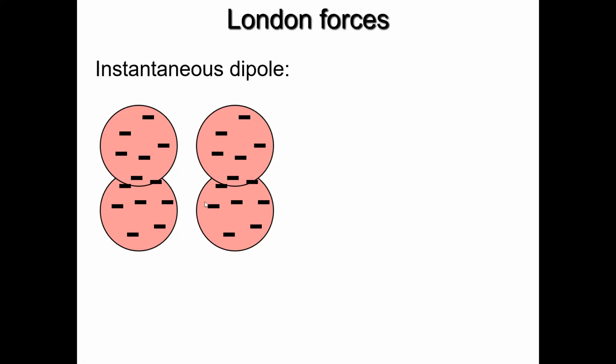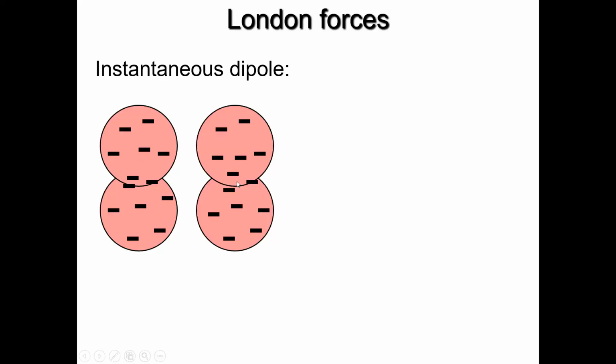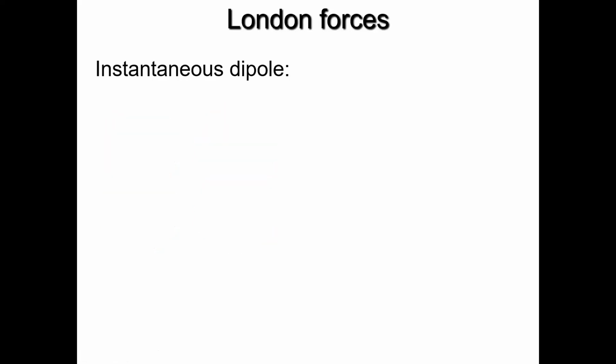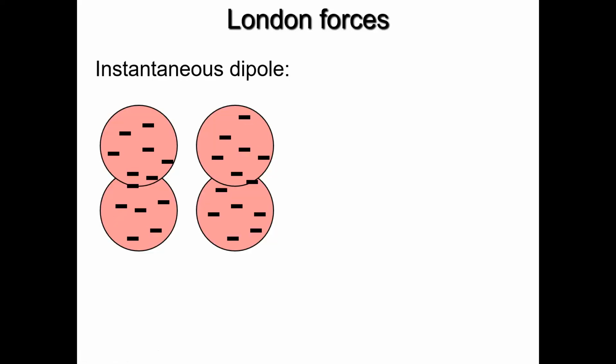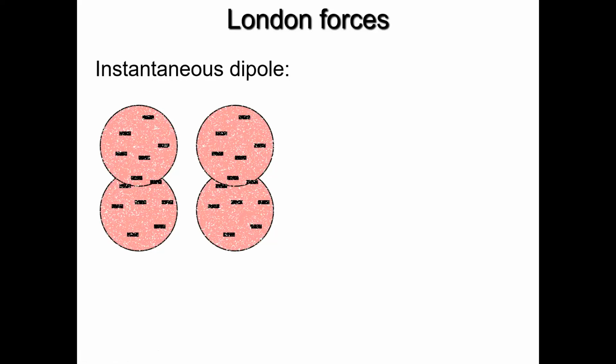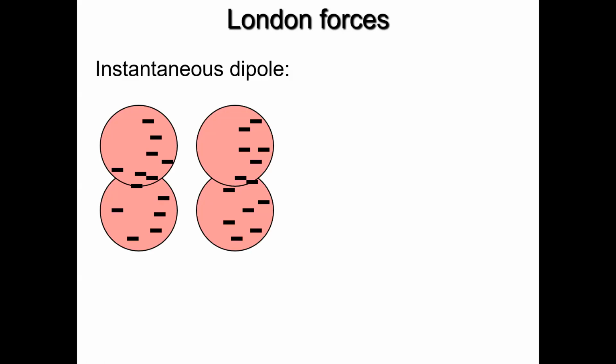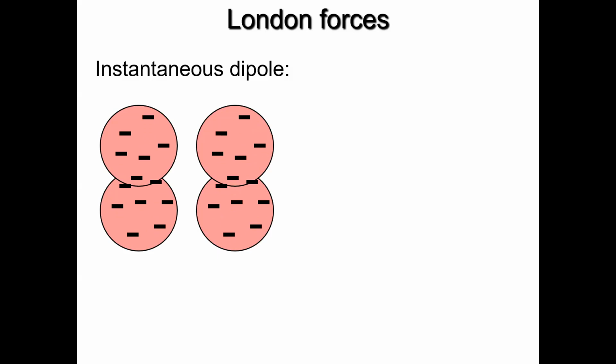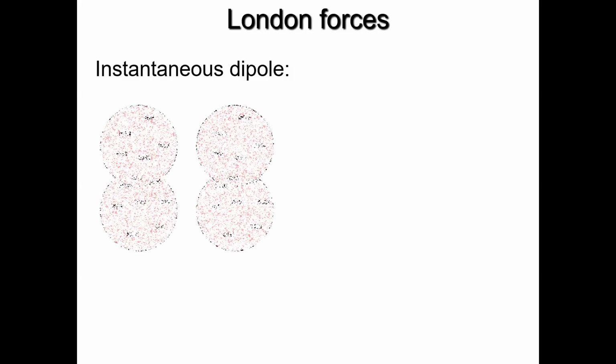So at some point, when these individual molecules are placed near one another, when this molecule comes in contact with another similar molecule, you can see that the charges initially are equal, but they keep on moving.